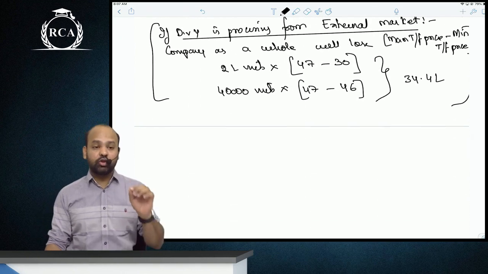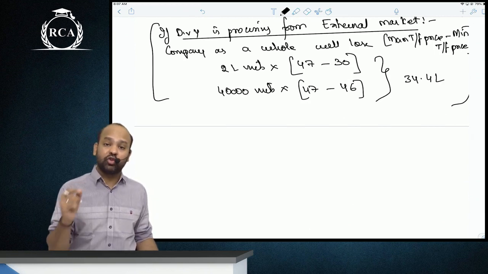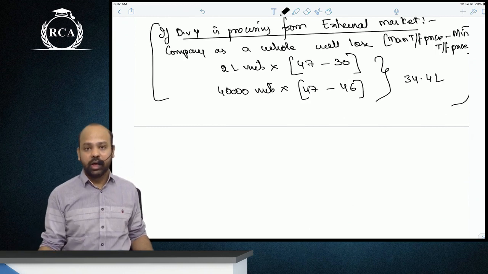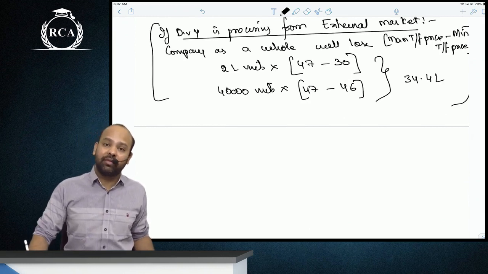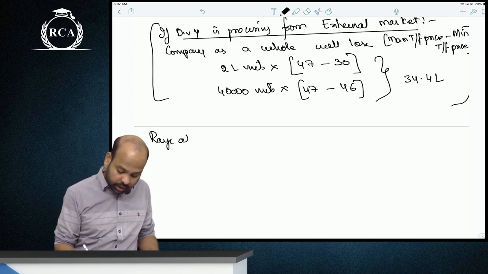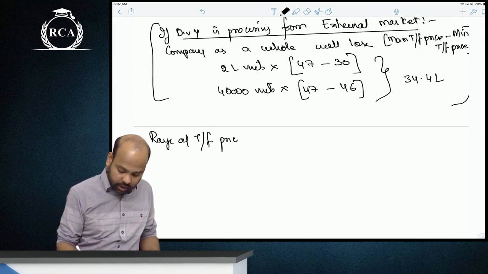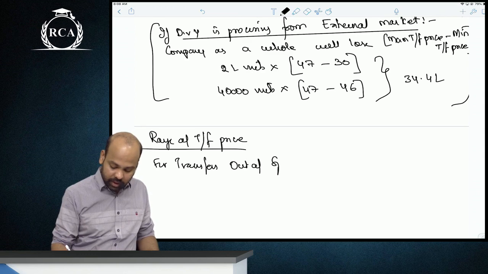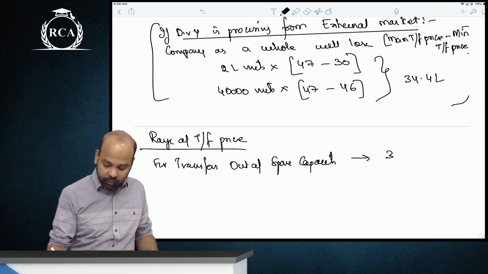However, what should the top management say? The top management should intervene and fix a transfer price of, say, 46 to 47 rupees. If you look at the range of transfer price, for transfers out of spare capacity, the company as a whole is losing.